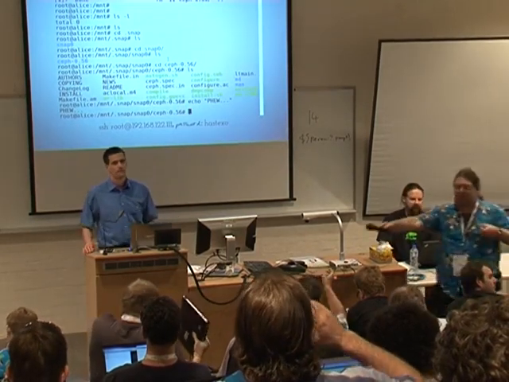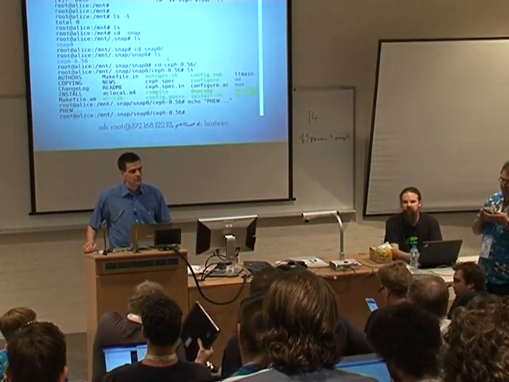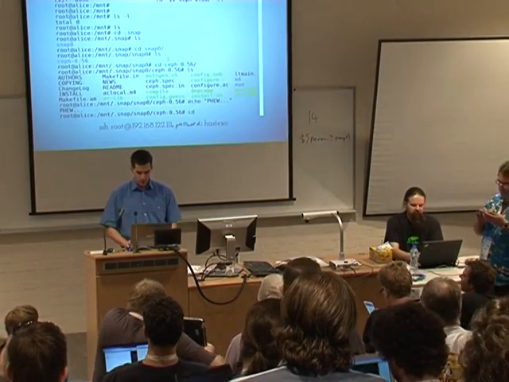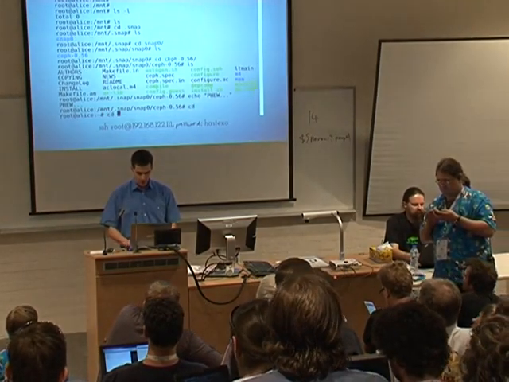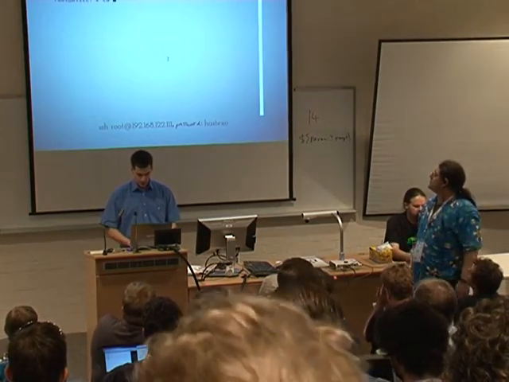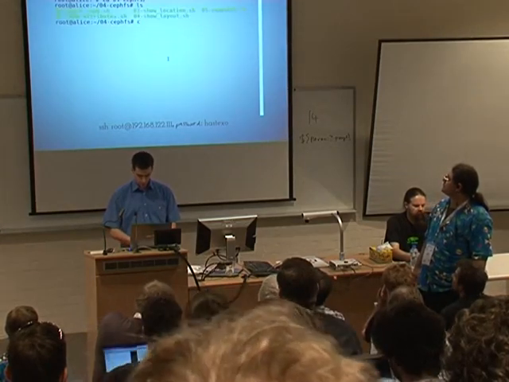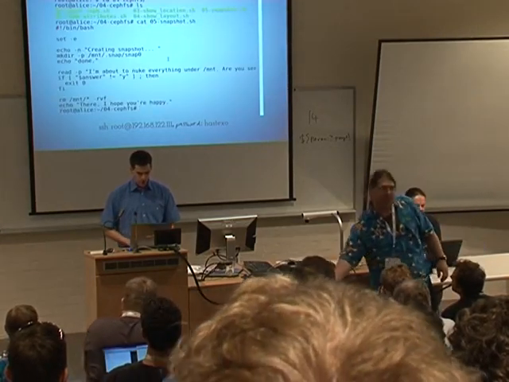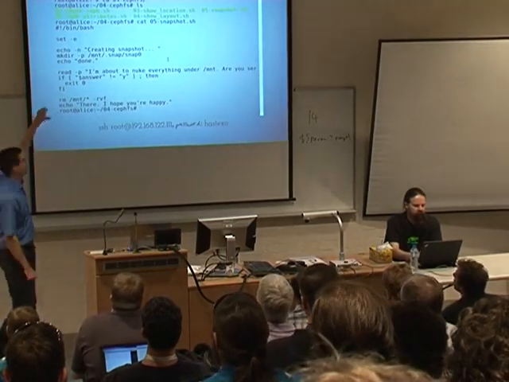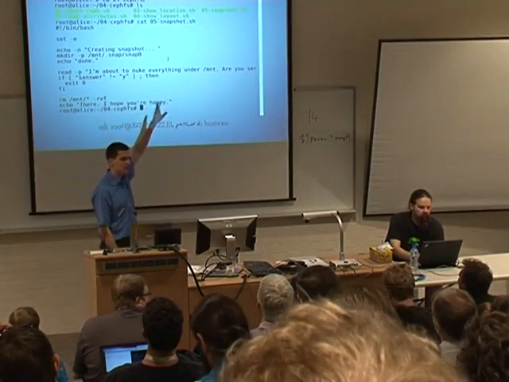Simple one. When did you do the snapshot? So this is what we did. We're creating a magic directory. We just do a mkdir on mnt/snap, and that's the name of the snapshot, and that's it.